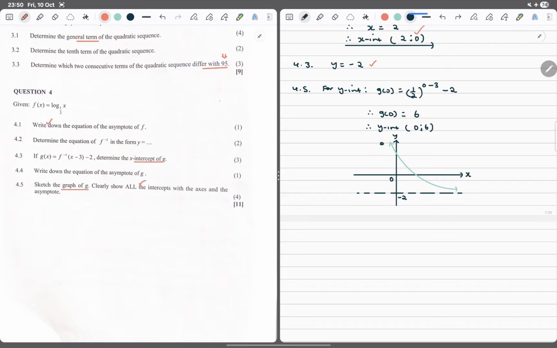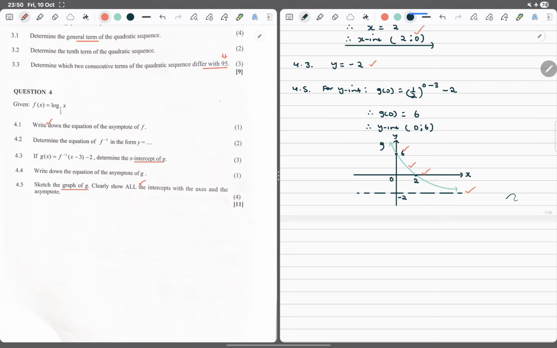Maybe let's write it over there. Right, where did it cut? At 2. Right, and where did it cut the y-axis? At 6. So everything is perfect. Get a mark for the shape, x-intercept, working out the y-intercept, and showing the asymptote.